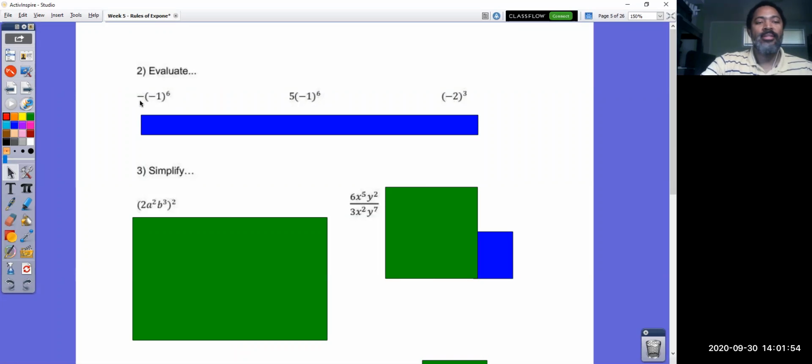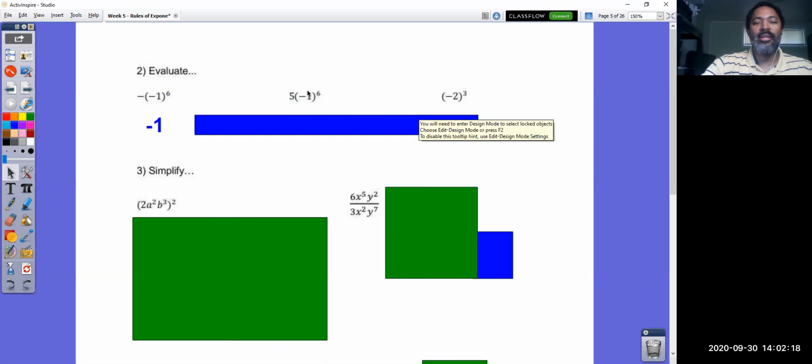Well, 6 negatives, that's an even number of negatives. I know that result is going to be positive. So now I can ignore the negative. And then 1 to the 6th is 1. So -1 to the 6th is also 1 to the 6th, or just 1. And then this says, now that you have that result, make it negative. -1 would be my result.